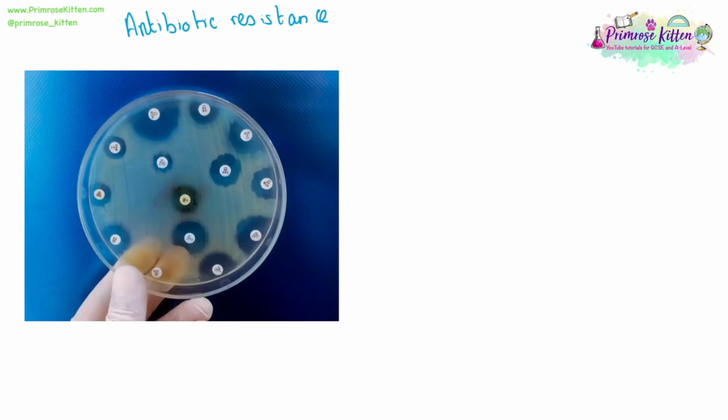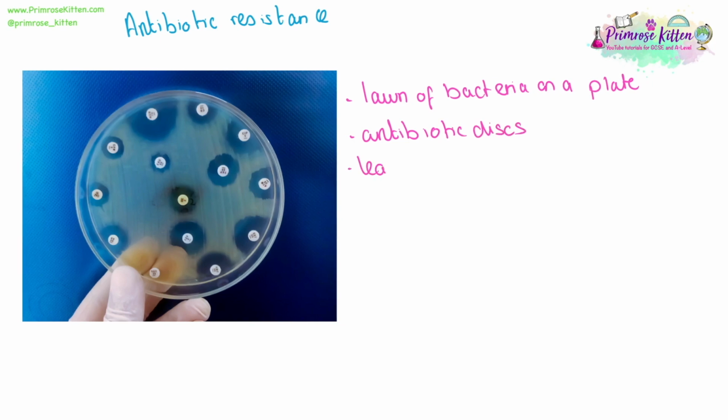Antibiotic resistance is one easy to look at example of natural selection or evolution because it happens very quickly. We can investigate this in the lab if we put a lawn of bacteria on a plate, or technicians might have done this bit for you already. Put antibiotic discs onto the plate, leave it to grow for a few days, and then we can measure the clear zones.